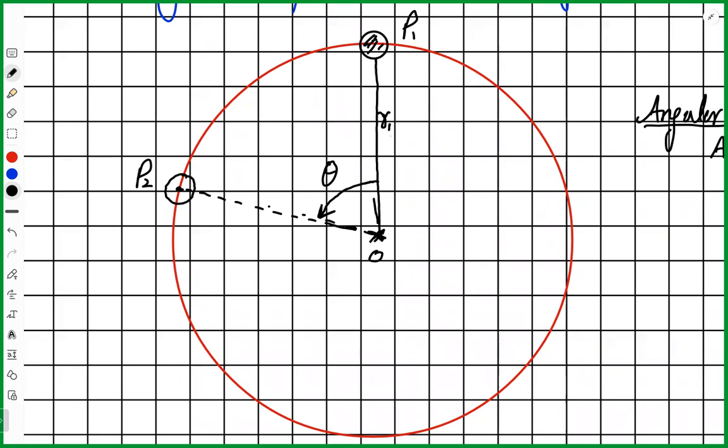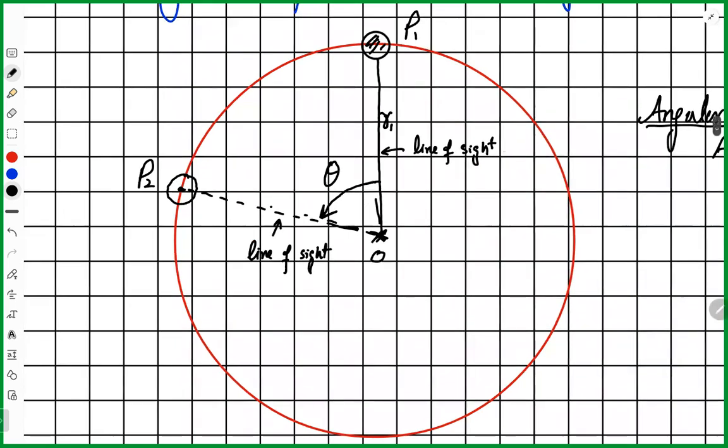You can also consider this radius as a line of sight. So you sight an object at position P1, and then after some time you sight it at position 2. So what angle is being swept by the line of sight? Theta.